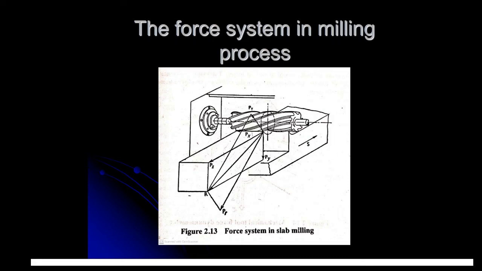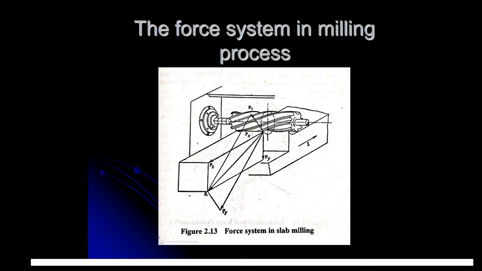The chips formed in a milling operation are discontinuous and the changing geometry of the mill cutter leads to variation in the magnitude of the forces. These variable forces badly affect the surface finish of the component as well as it induces torsional vibration in the machine.